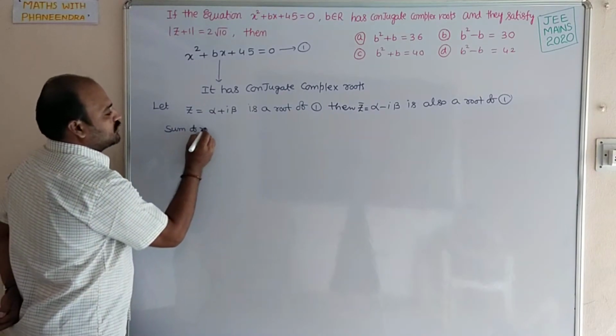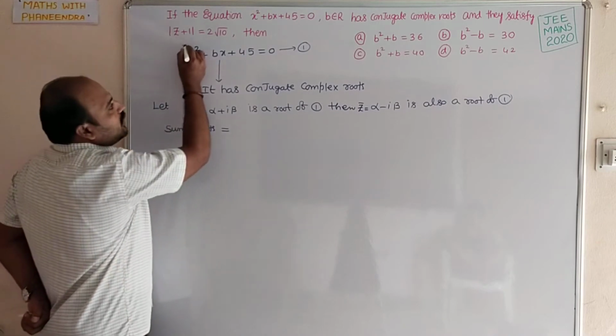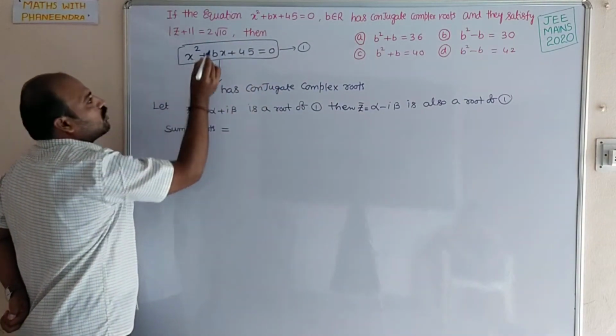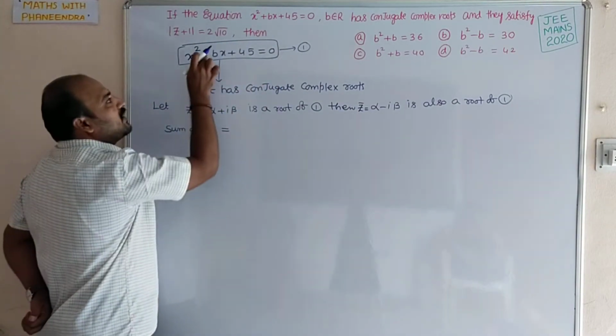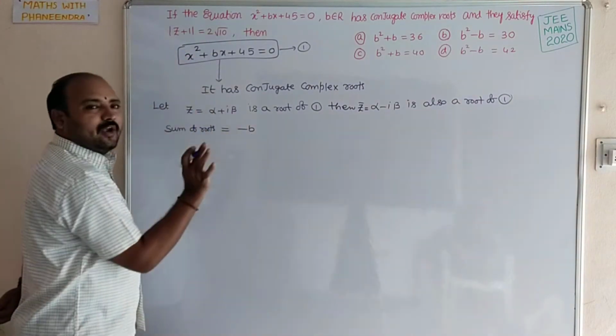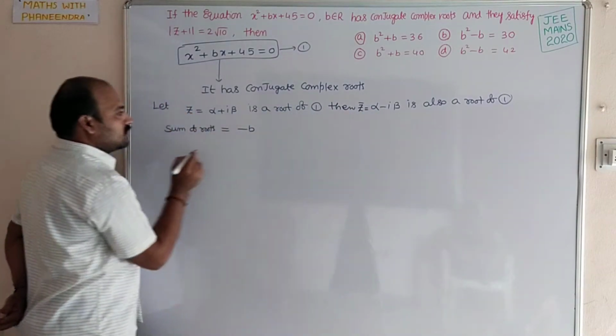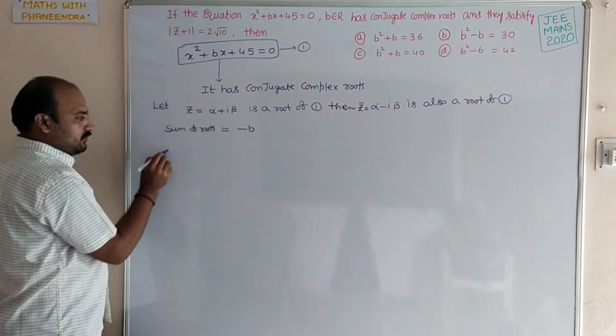Sum of roots, from the quadratic equation, sum of the roots equal to minus b by a, and a is 1, you know. So minus b, no need to write the a. Sum of the roots: this root and this root are complex conjugates of each other.